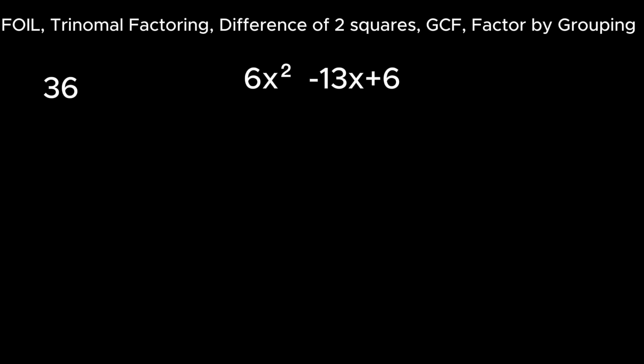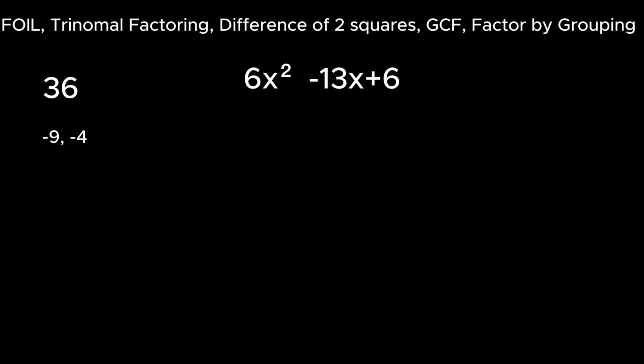Now, those two factors that multiply to 36 and add up to be negative 13 are negative 9 and negative 4. And what you do is you substitute this into the equation. So you break the negative 13x up into the factors that make up the 36.